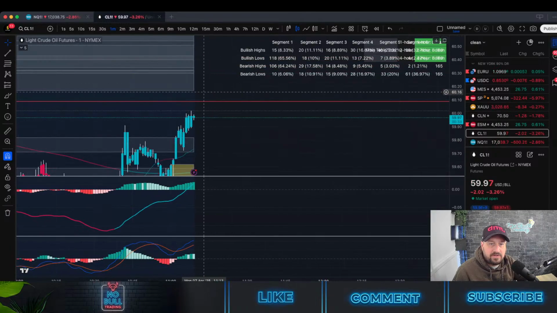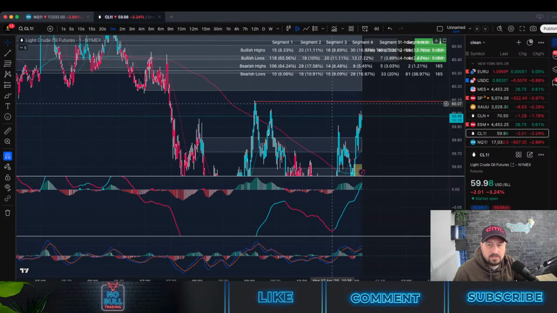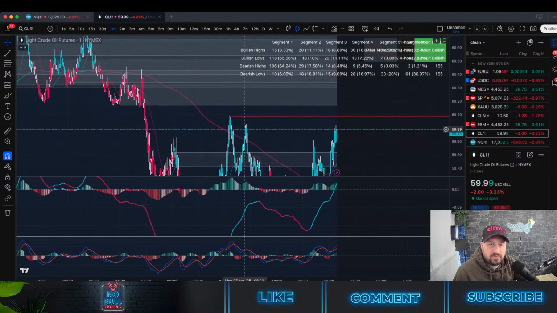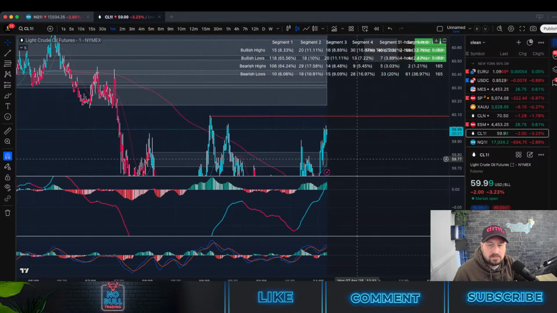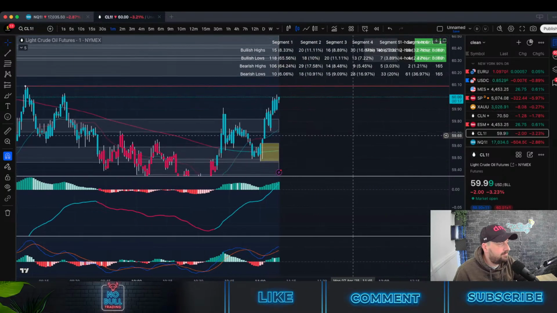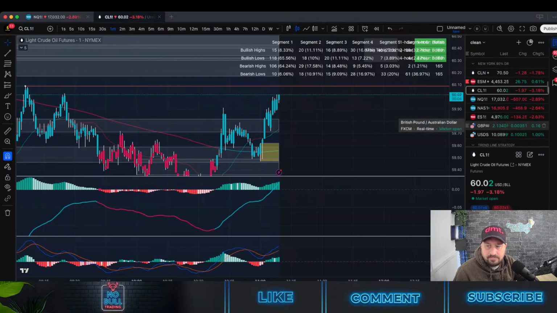This is our next area for CL to visit. Take out this high. Previous 4 hour. It was the right thing as well. Like you had the long as well.